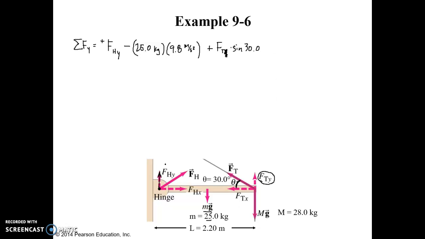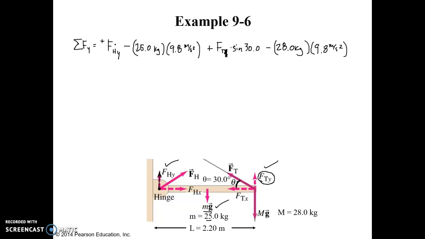Okay, so we've got that force, we've got that force, we've got that force. The only one remaining then is the weight of the sign on the end. So minus mg, and m is 28.0 kilograms times 9.8 meters per second squared.